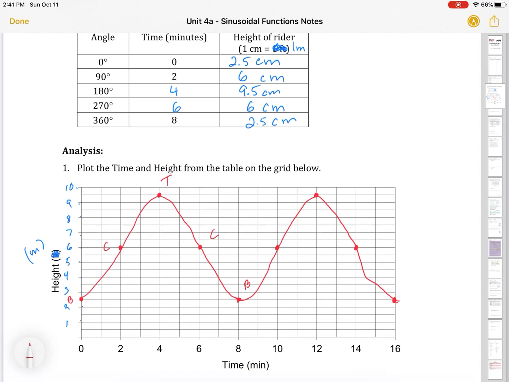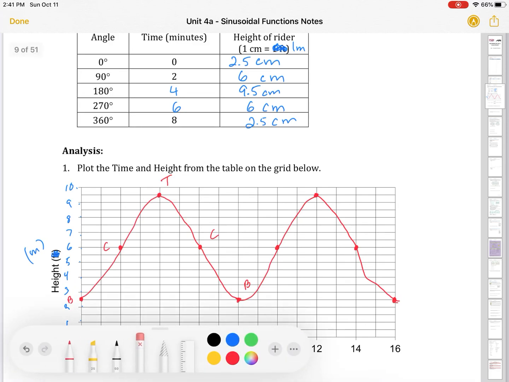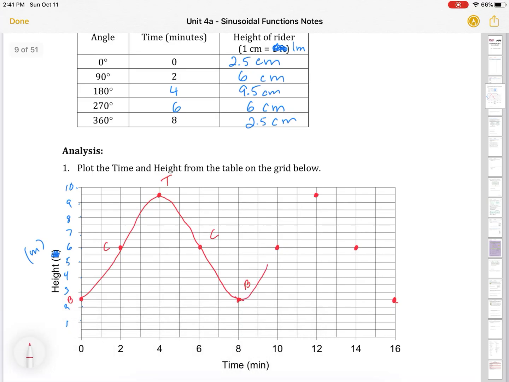And again, I really want to redo that line because it looks so gross. Okay, so better. Okay, so center, top, center, bottom, and this is likely the end of our ride, right?